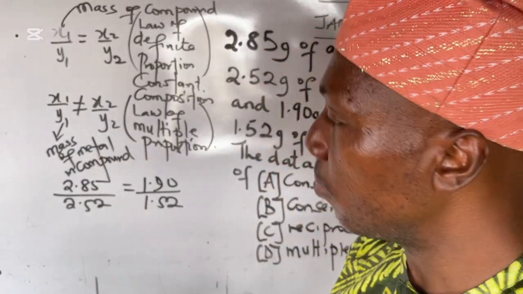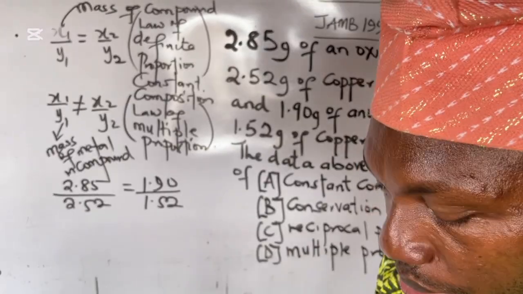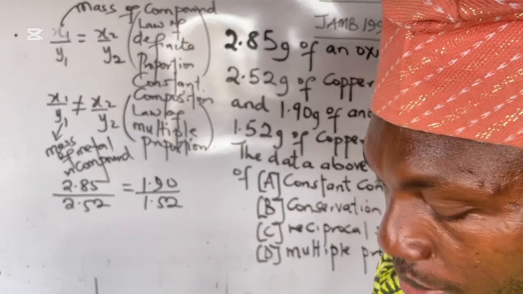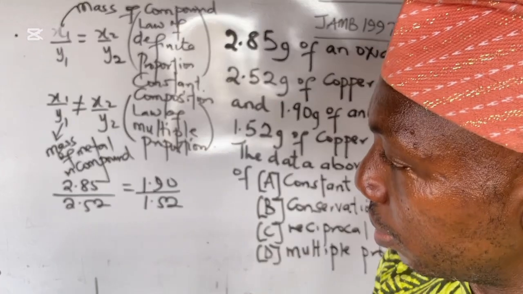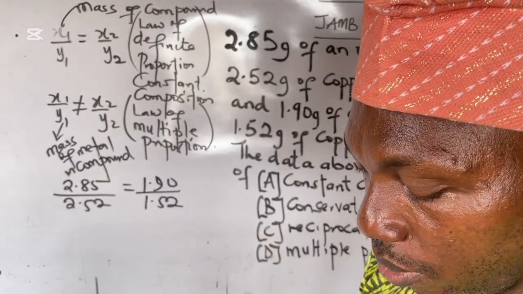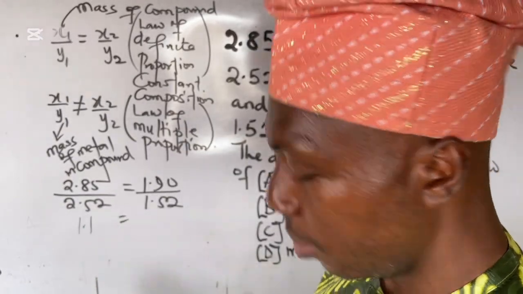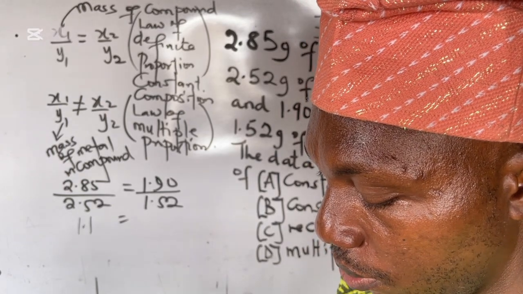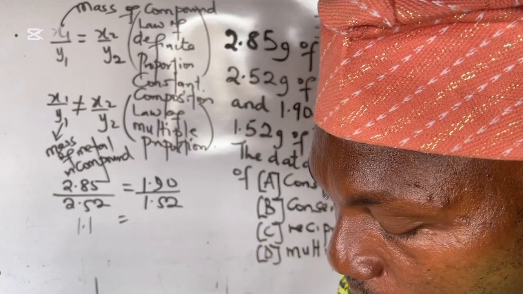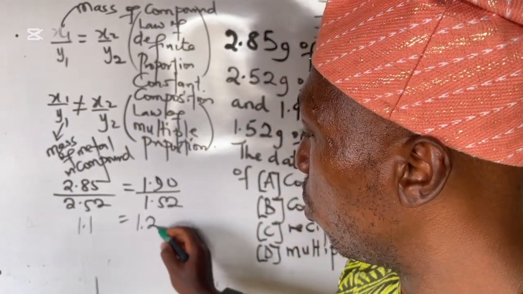2.85 divided by 2.52, we have 1.1. For this one, 1.90 divided by 1.52, we have 1.25.